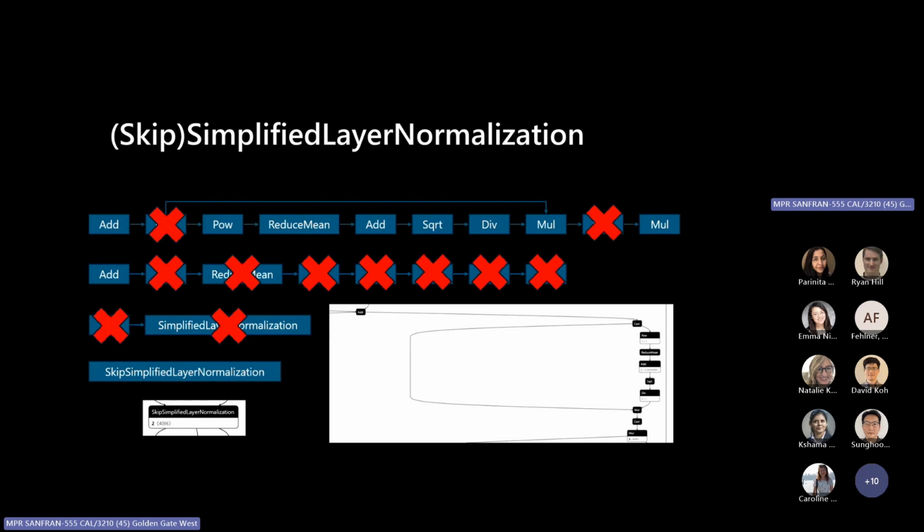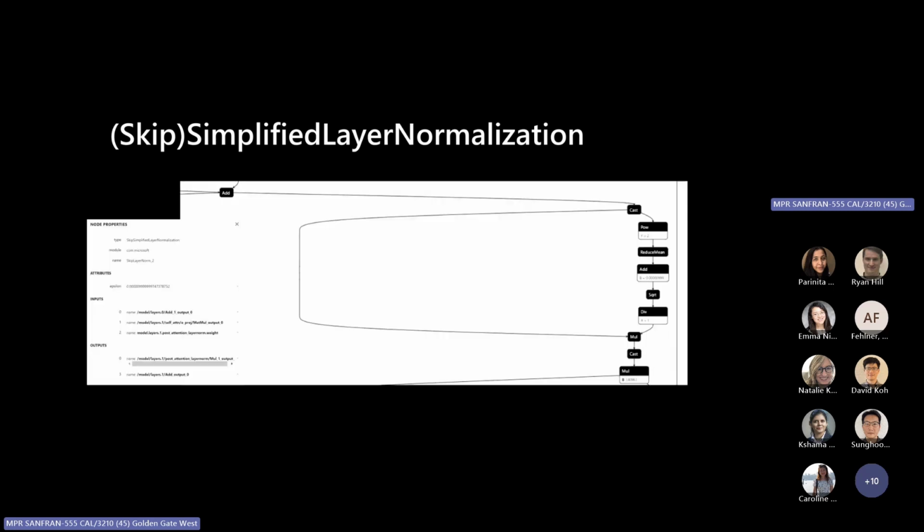Now you might be wondering, why does this work? And we're going to get into the math and the details. But the first thing I want to show is what the skip simplified layer norm operator actually looks like, and compare it to the original graph to show that it doesn't miss any information. So we have here attributes, inputs, and outputs. The epsilon value is taken from the add.